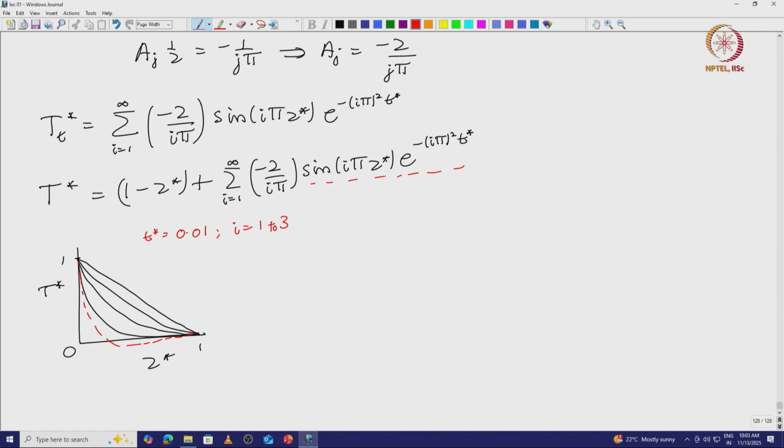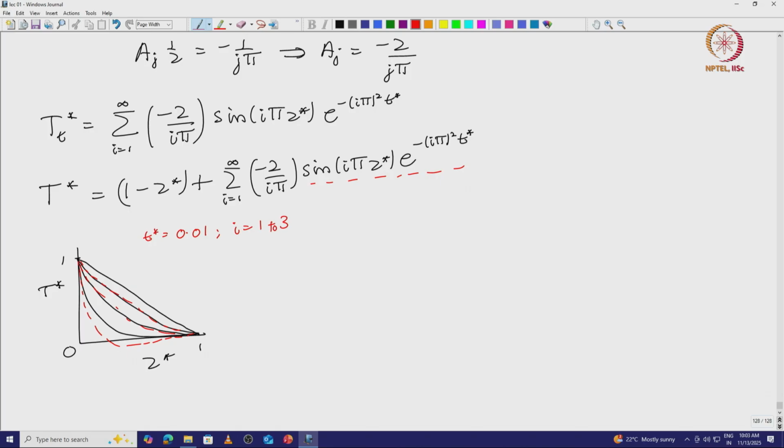So, at relatively early times you make errors if you include too few terms in the expansion. You have to include a sufficient number of terms such that you get a converged series in this case. Whereas, at later times at t star equal to 0.3 and 0.1, you get solutions that are fairly accurate, including just a small number of terms in the expansion.